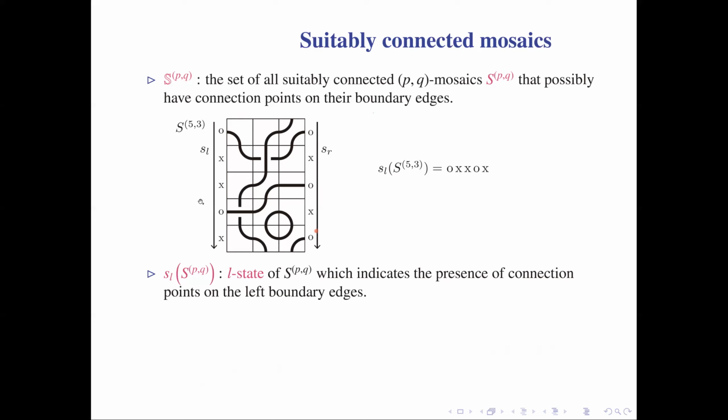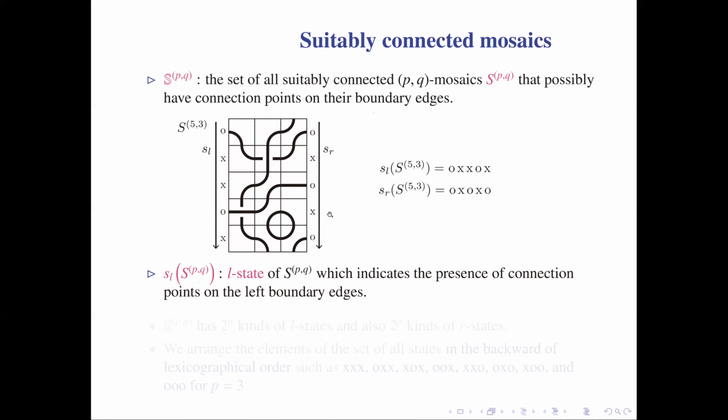In the same way, we define the right state of the suitably connected mosaic and denote it by S_R. So in this case, the R state of S_53 is OXOXO.